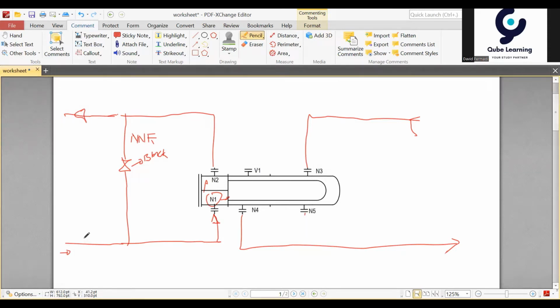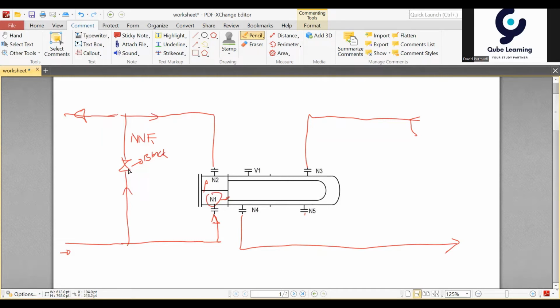We have to consider the flush line. Since this is normally no flow, we have to revert the flow. So this one, and this one.